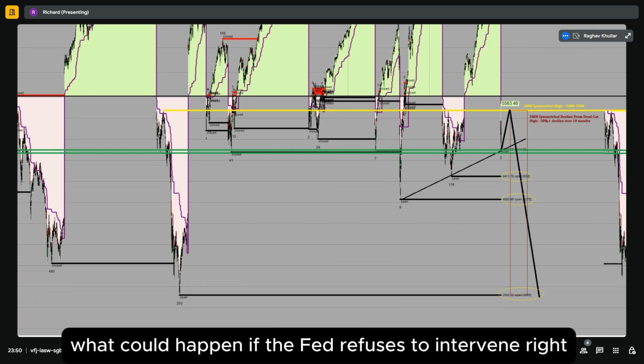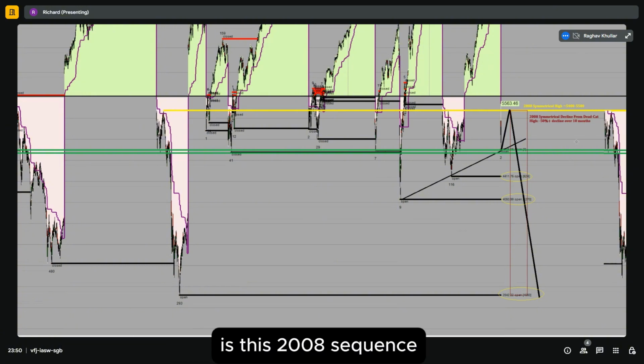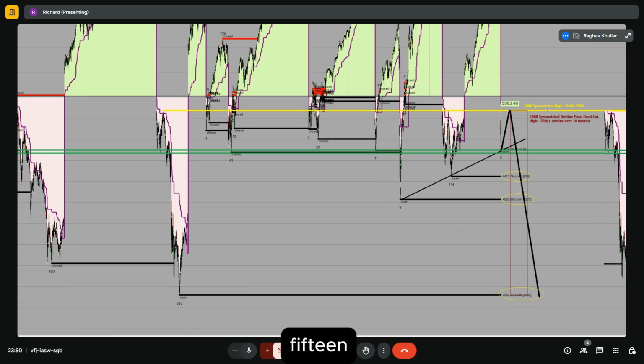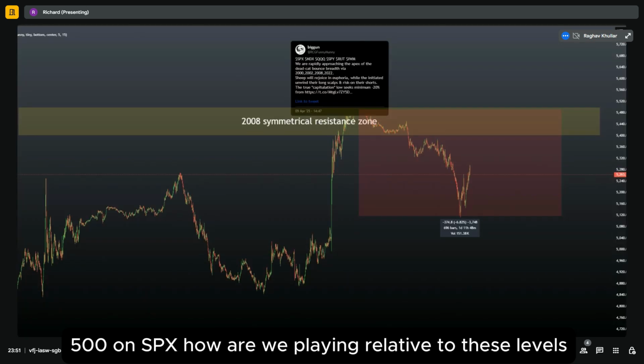What could happen if the Fed refuses to intervene on behalf of the current market decline is this 2008 sequence, as we can see from the linear chart charted over this 5400 to 5500 on SPX. How are we playing relative to these levels?